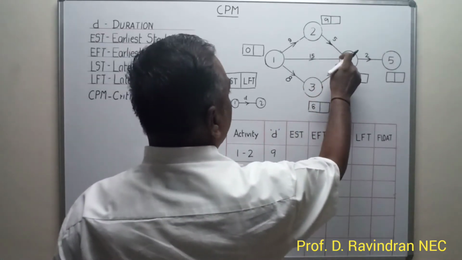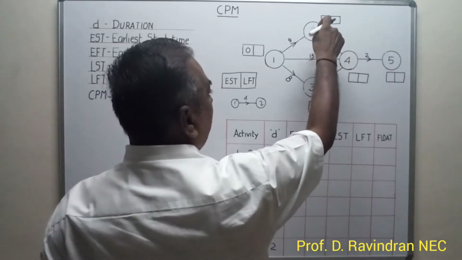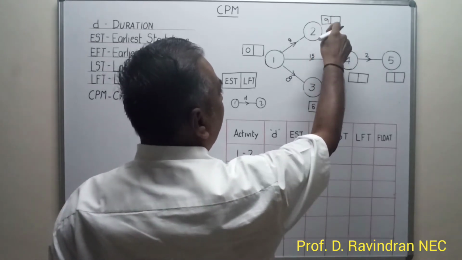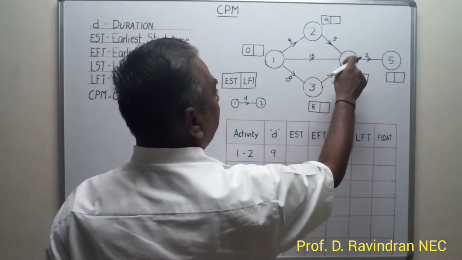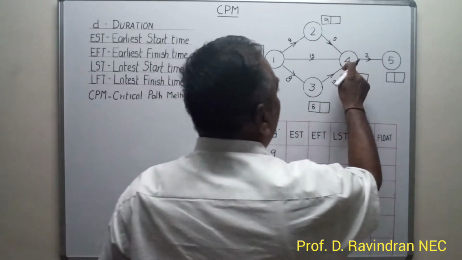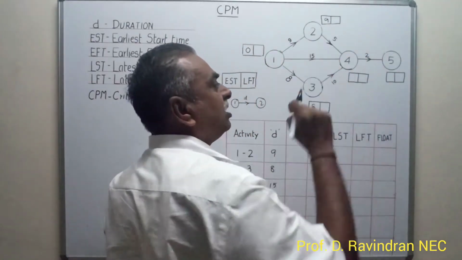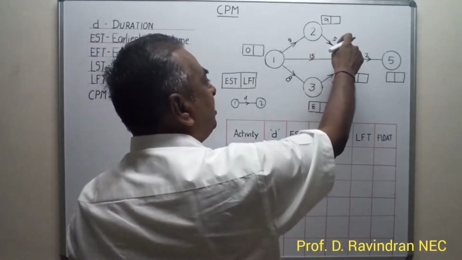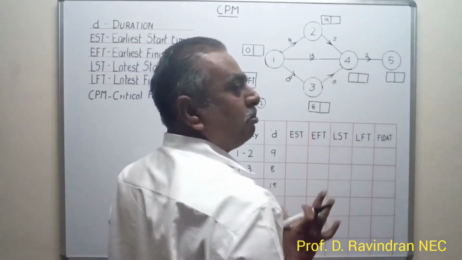Now when you come here, of course 1-4 will take 15 days, and 2-4 will take 9 plus 5, that is 14 days. Here 8 plus 10, 18 days. So the 4-5 activity earliest starting time is the maximum of all these values. After completion of these 14 days we cannot definitely start this because this path will not be completed.